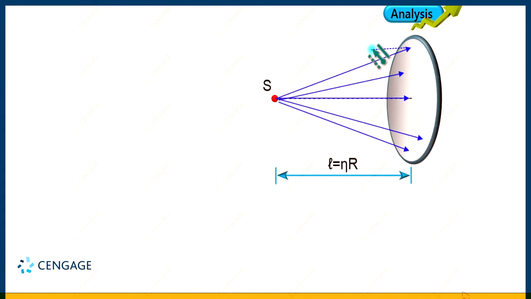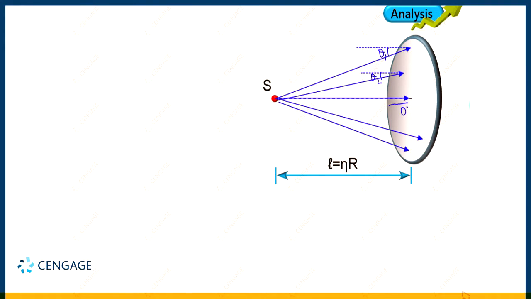Here, with the normal, suppose this angle is theta 1, and suppose here the angle is theta 2. And here you can observe the angle is 0 degree. That means at each and every point, the angle between the direction of the radiation and the normal is different. That means this illustration is different from the previous illustrations.